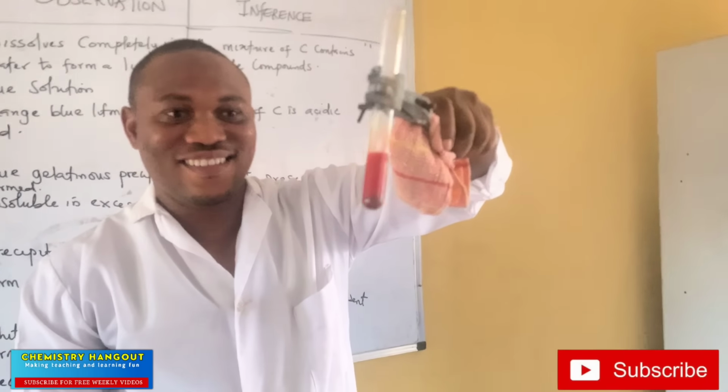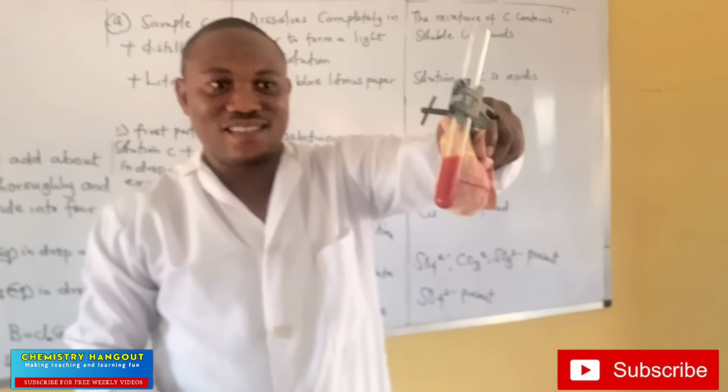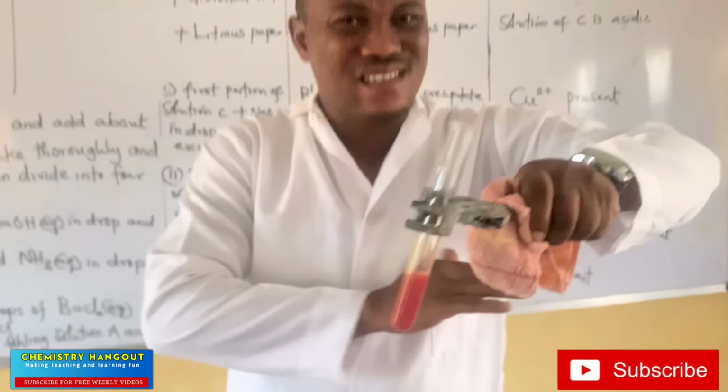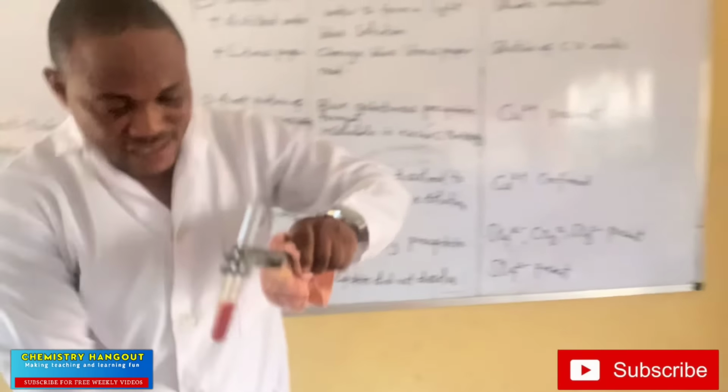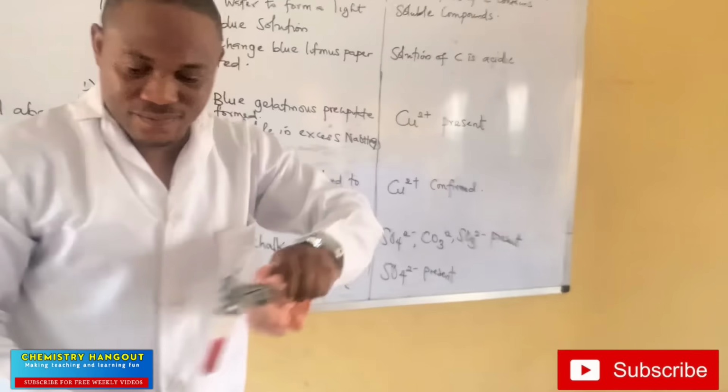What's this? This is a brick red. Did you see? A brick red. You can see just a mild heating. You can see this. Very clear. The practicals are very visual. Is it clear? Very clear now. Good. So let's record.